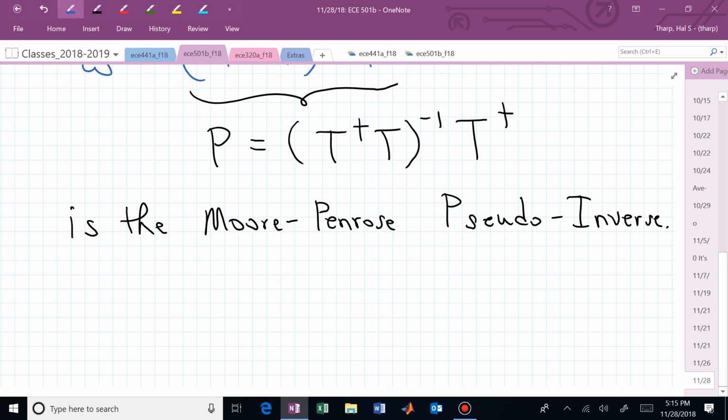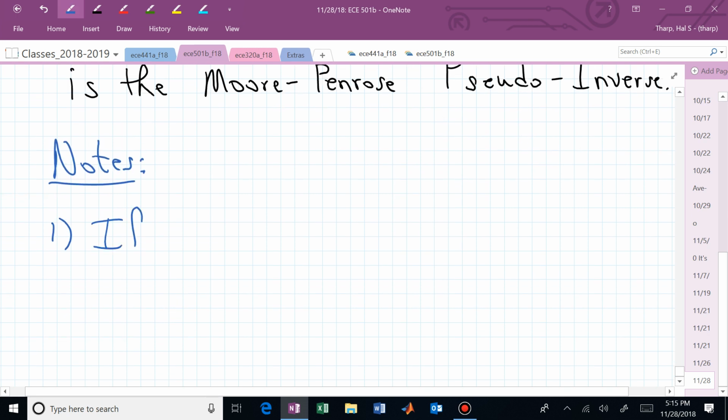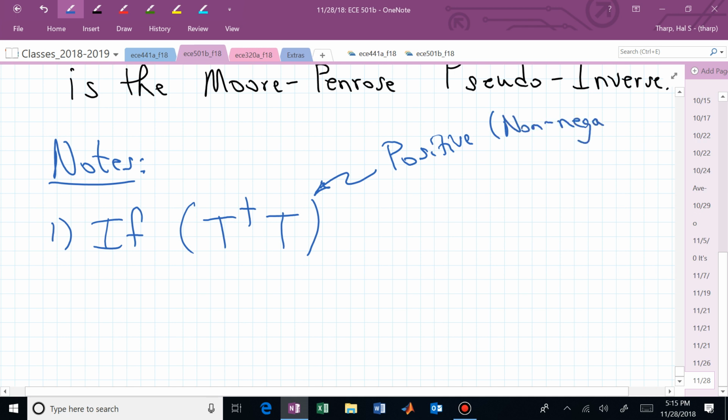So let me try to make some notes for that. Suppose now, if T dagger T has a 0 eigenvalue, what do you know? It's not invertible, is it? So now this is positive or non-negative by the way we have talked about it in the past.